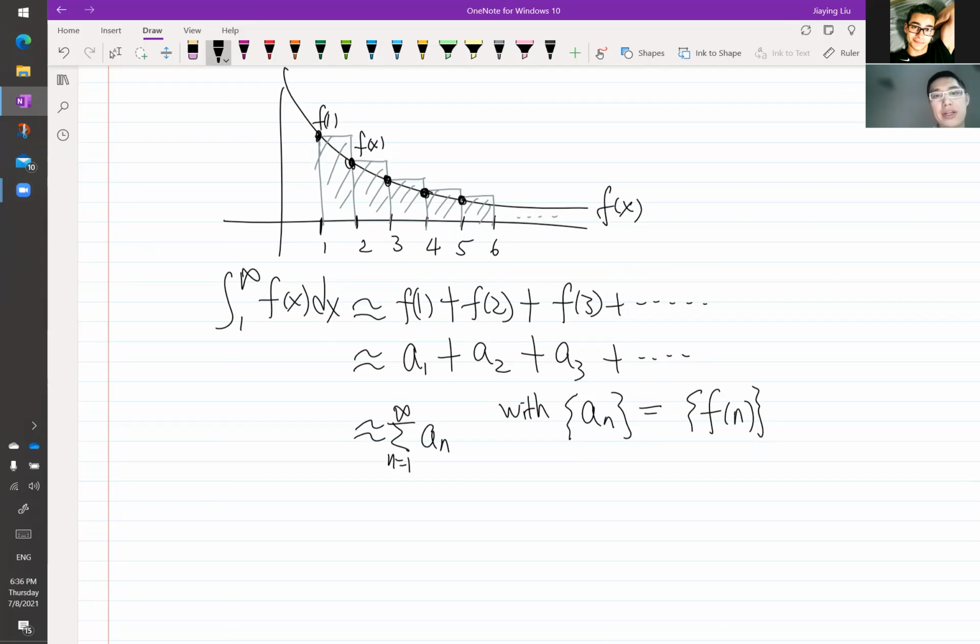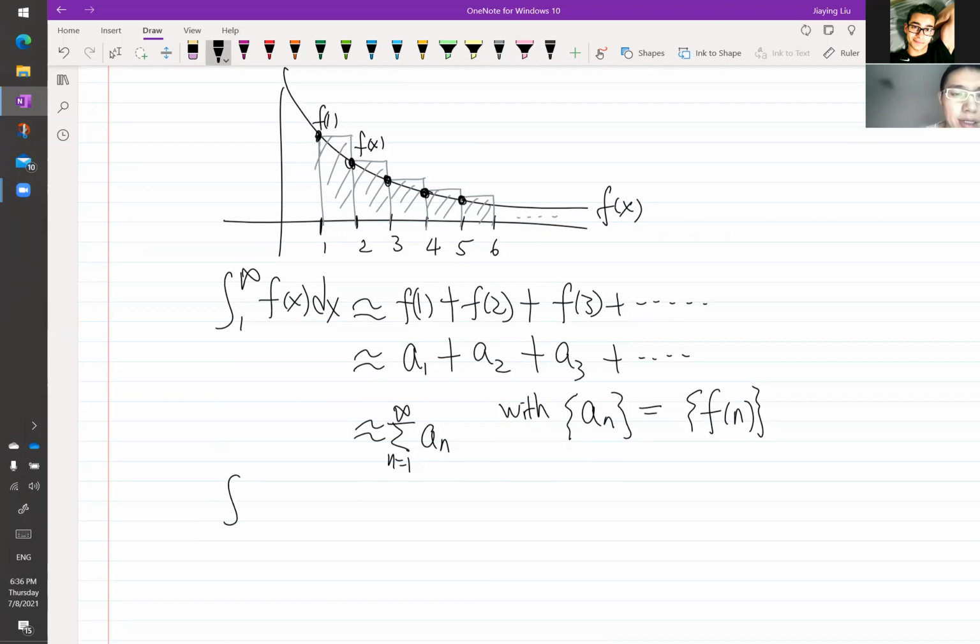So graphically, that's the relationship between a series and the integral: the integral gives you the area underneath the curve, and the series gives you the sum of all those rectangles with width 1.